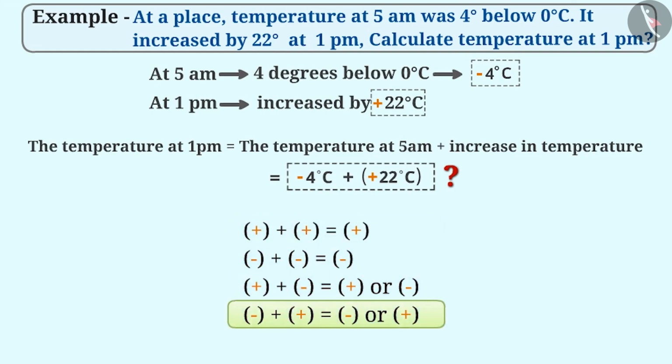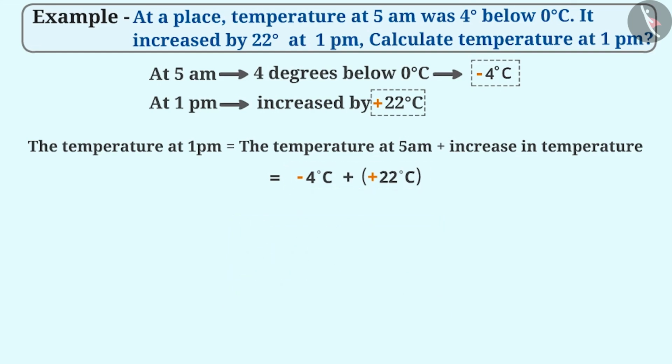You got it right. To add them, first, we will ignore their signs. By doing so, we get their numerical values, that is, 4 and 22. Then we will subtract the smaller numerical value, that is 4, from the greater numerical value, that is 22, and get a result of 18 and prefix the sign of the greater numerical value to the result.